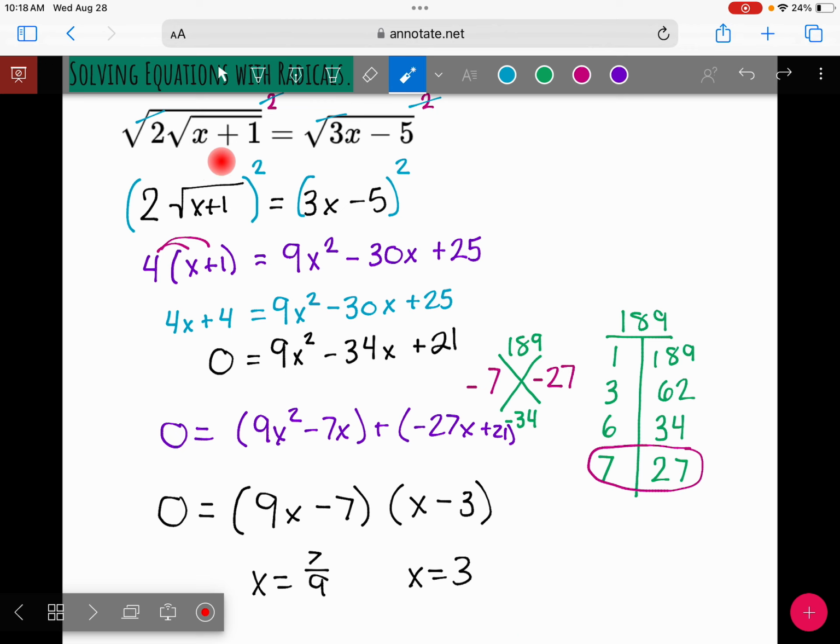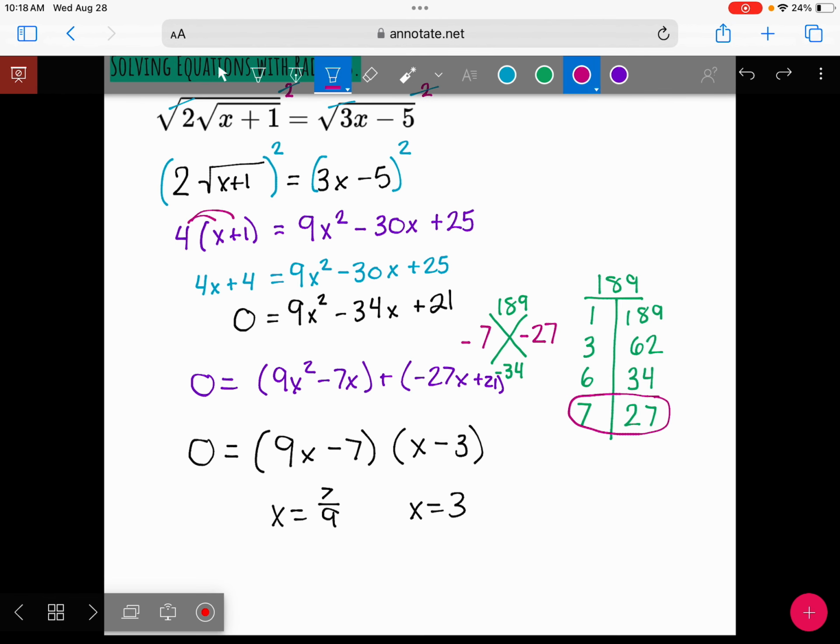Yeah, because 7/9 plus 1 is positive. I don't care what it is, but it is positive. So I have a positive under the radical, which is real, set equal to a negative under the radical, which is imaginary. So with 7/9, I get a real equals an imaginary, which means this one is not valid. It is extraneous.